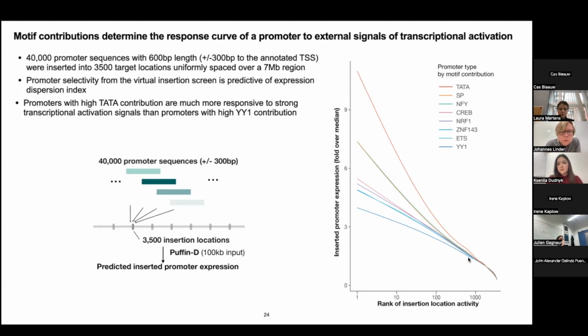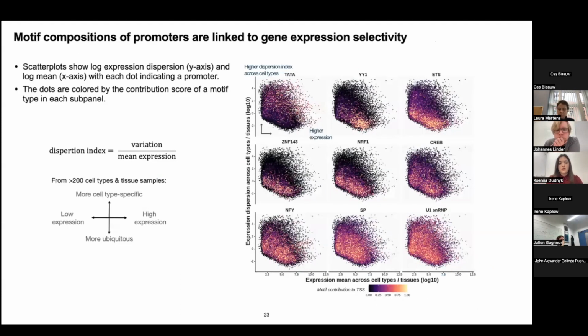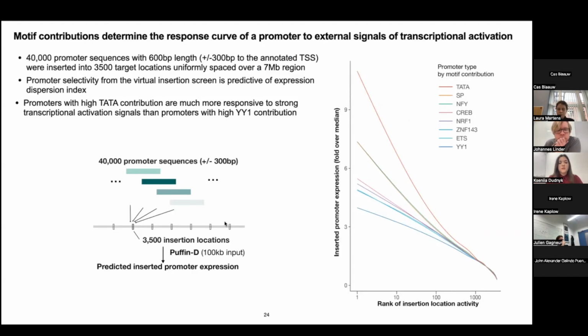And we can see that when TATA is inserted in a strong location, its activity grows even more, so it's very responsive. But Y1 is the opposite. It's not that responsive, and all other motifs are in between. And if we look at how these motifs are ordered, it's similar to what we see with cell specificity or selectivity across genomic locations.